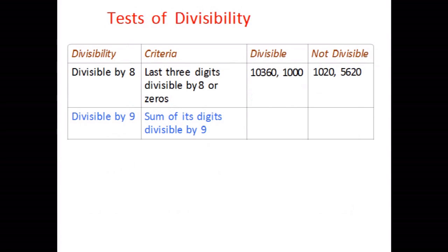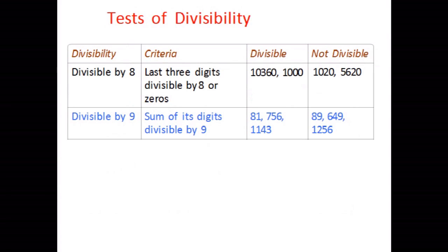Now divisibility by 9. It is quite similar to 3. If the sum of the digits is divisible by 9, then the number is divisible by 9. Consider 81. 8 plus 1 is 9. 9 is divisible by 9. 1143. 1 plus 1, 2. 2 plus 4, 6.